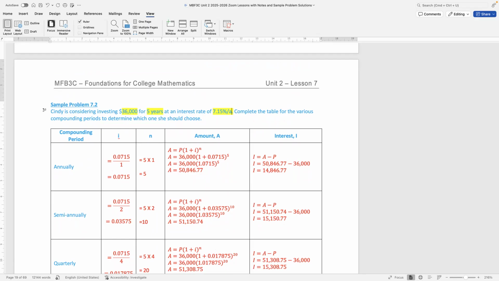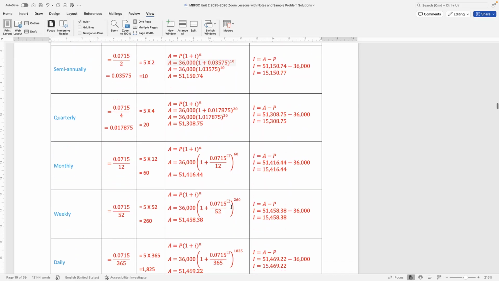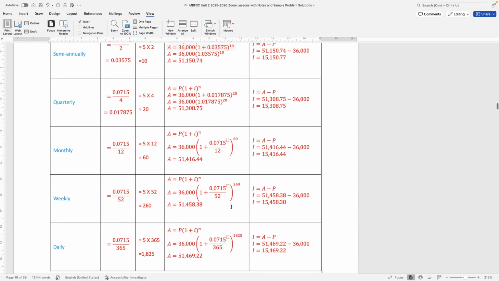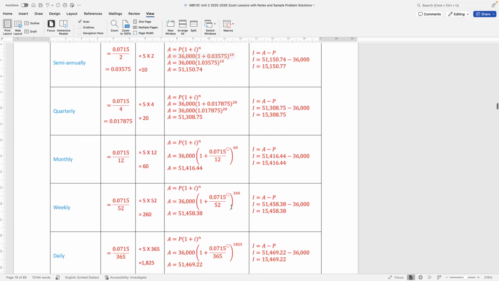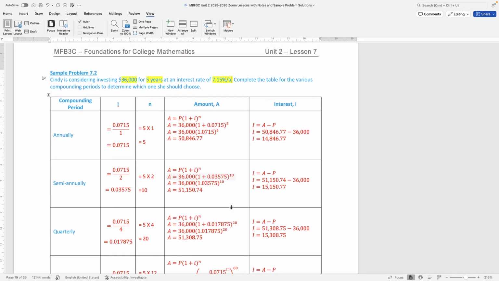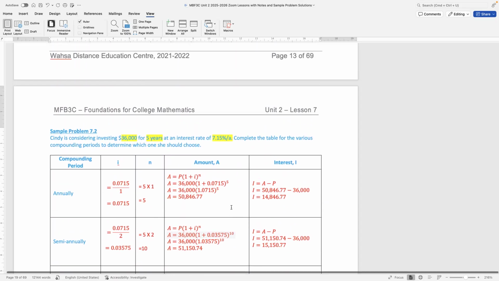Complete the table for the various compounding periods to determine which one she should choose. So should she choose annually, semi-annually, quarterly, monthly, weekly, or daily? We're going to work through each of these examples and then determine which is the best one she should choose.